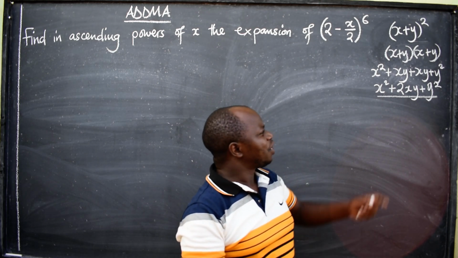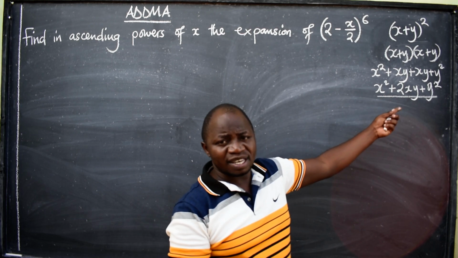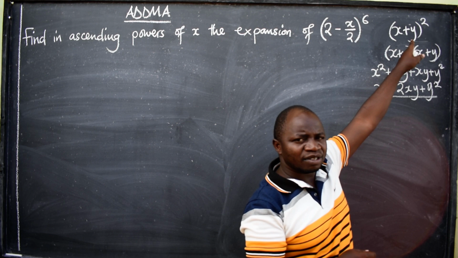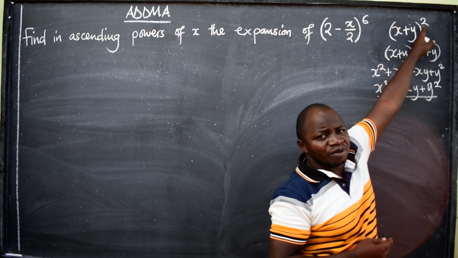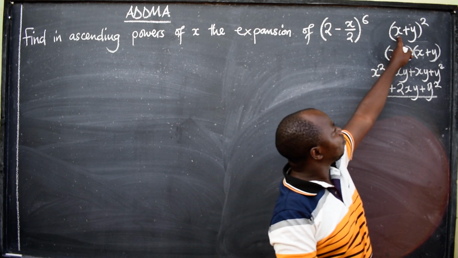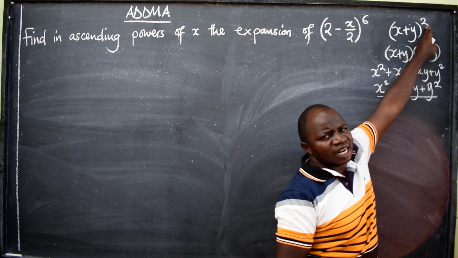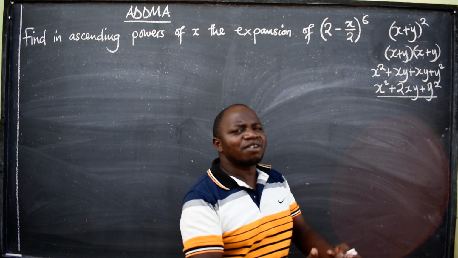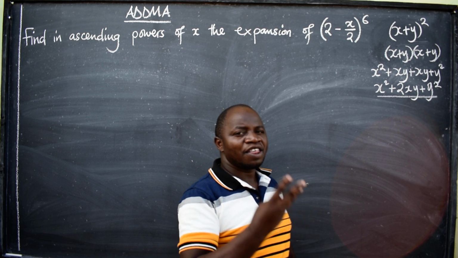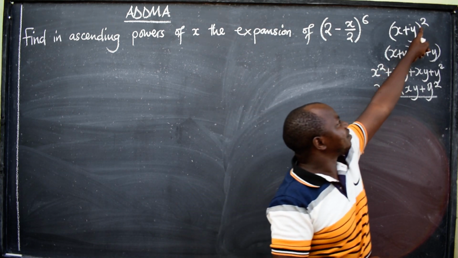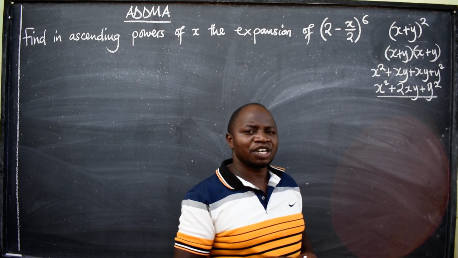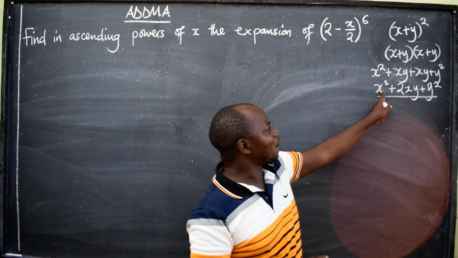One, you could see that if the binomial expansion has a positive power, which is raised to the power 2, then the result that you are going to have will have three terms. 1, 2, 3.